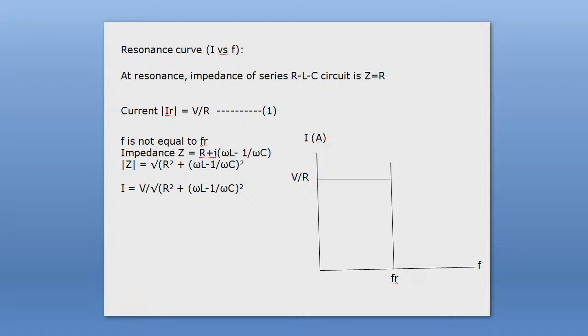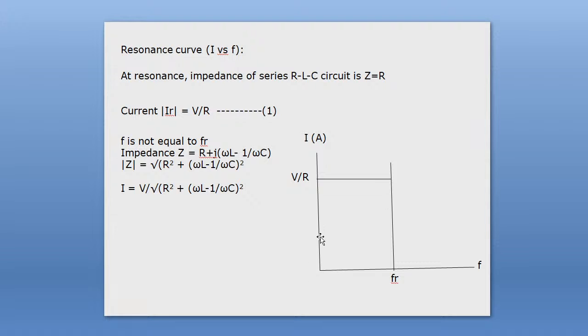Now you tell me, what will be the value of current at resonance frequency, and on either side of resonant frequency? You have seen from this equation that current is maximum at resonant frequency.